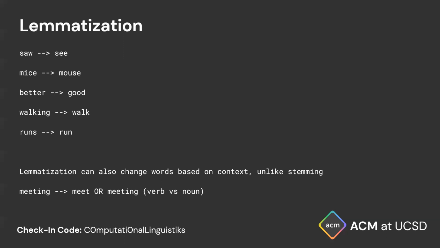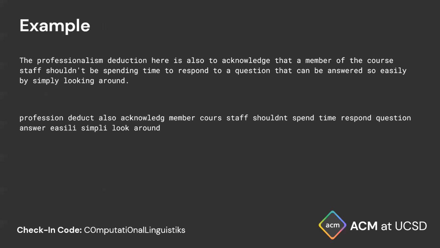We have a Jupyter notebook that we can run. If we go to an example, something like a part of the Gary professionalism copypasta, things like professionalism turn straight into profession.